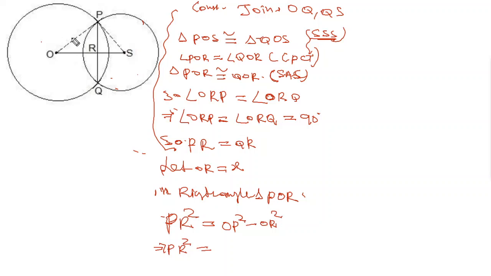OP length is 5 centimeter, so PR square is equal to 5 square minus X square. Write it as statement 1.